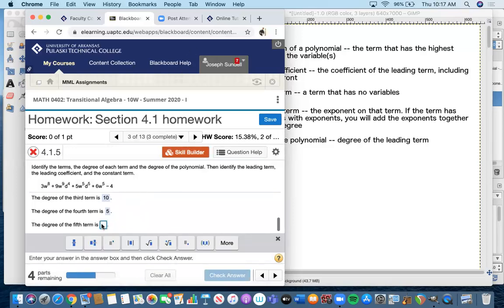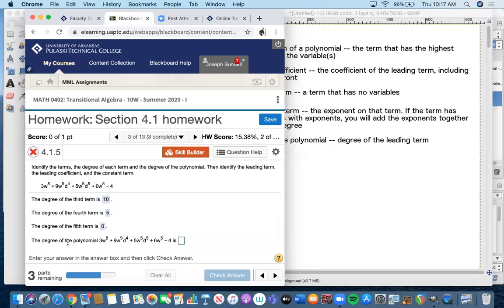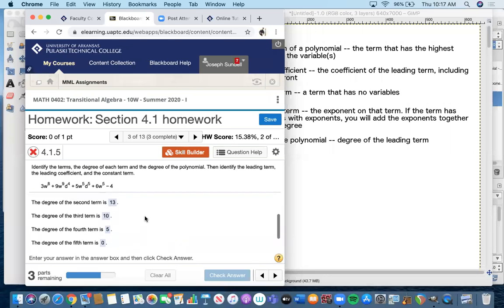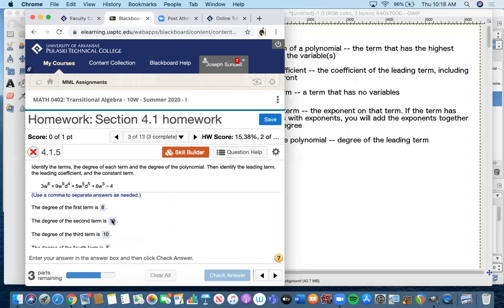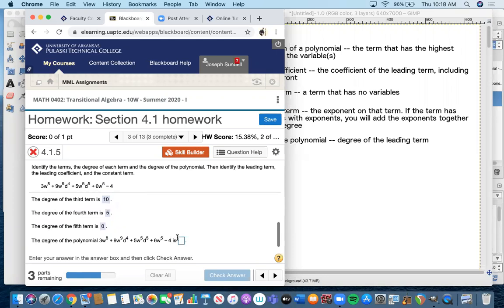And then the fifth term is the constant term, so the degree is 0, always, on a constant term. Now the degree of the polynomial: we look back at all the degrees, 8, 13, 10, 5, 0. So the highest degree is 13. That's the degree of the polynomial.